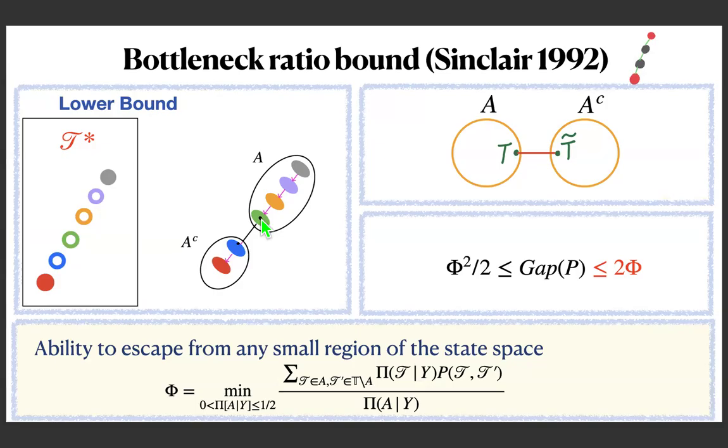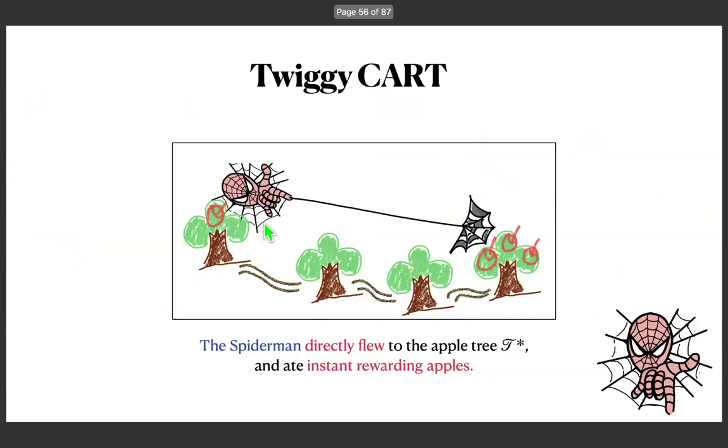So any chain that wants to have it first needs to go through this green node. So there is a super serious bottleneck here, and by using that bottleneck, we can show the super polynomial lower bound.